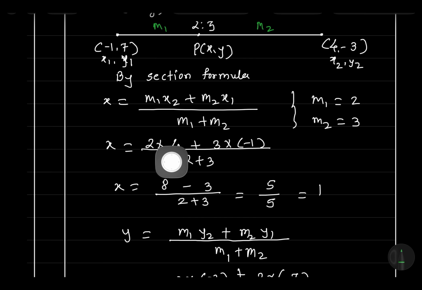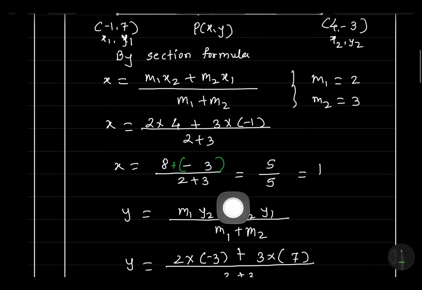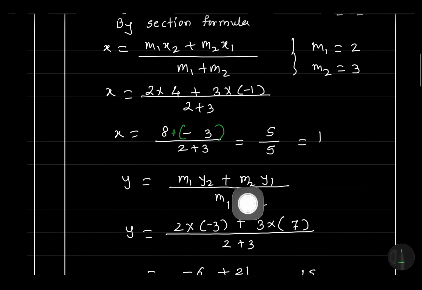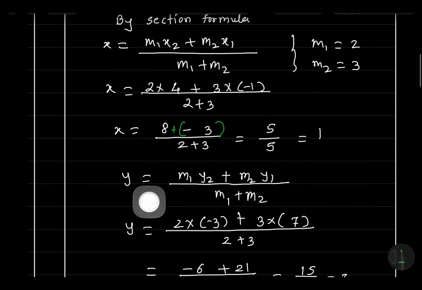So 2 into 4 is 8, plus 3 into -1 which is -3, and 2 plus 3 is 5. So 8 minus 3 is 5, and 5 upon 5 means 1. You got x equal to 1.